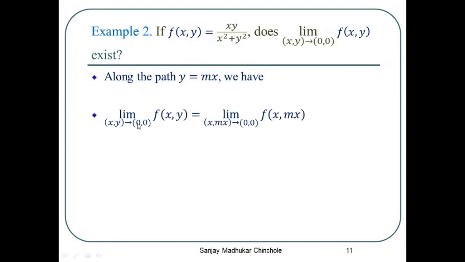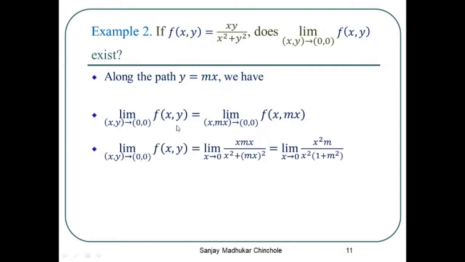And along this path, what do we get? The limit of f(x, y) as (x, y) tends to (0, 0) is equal to the limit, where you just replace y by mx, of f(x, mx) as (x, mx) tends to (0, 0). Now as x and mx both approach 0, this limiting process converts into the limiting process as x tends to 0, because m is not a variable, it is a constant, it may be any real value.